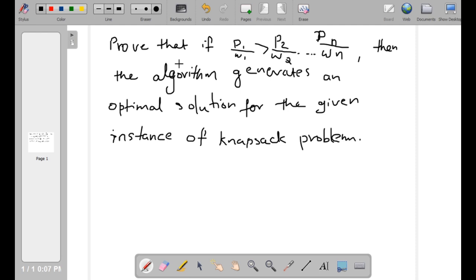Suppose the solution provided by our algorithm is some x.